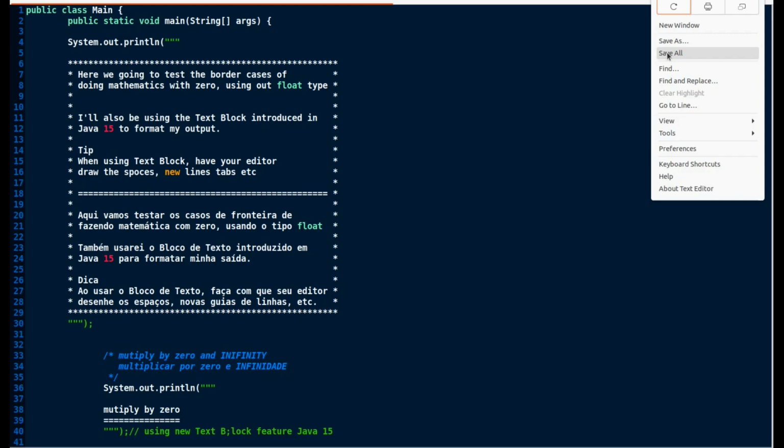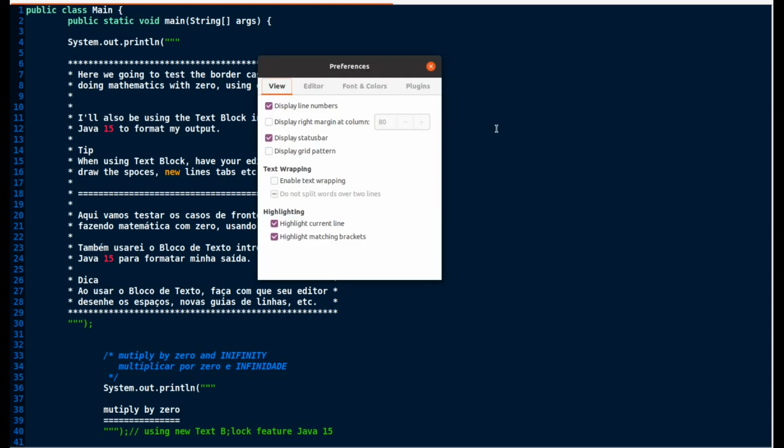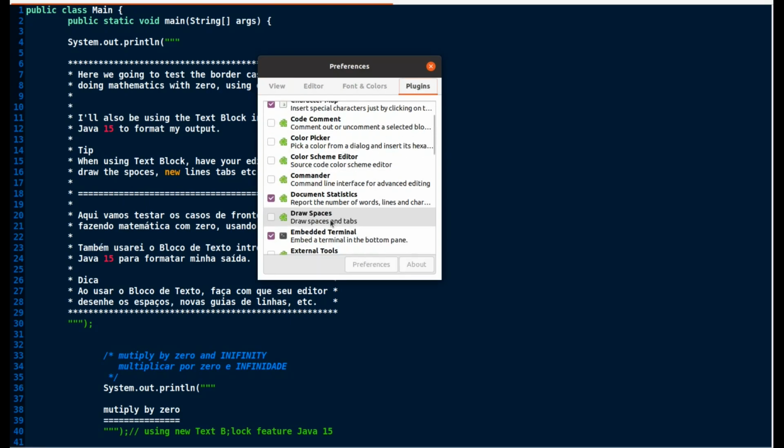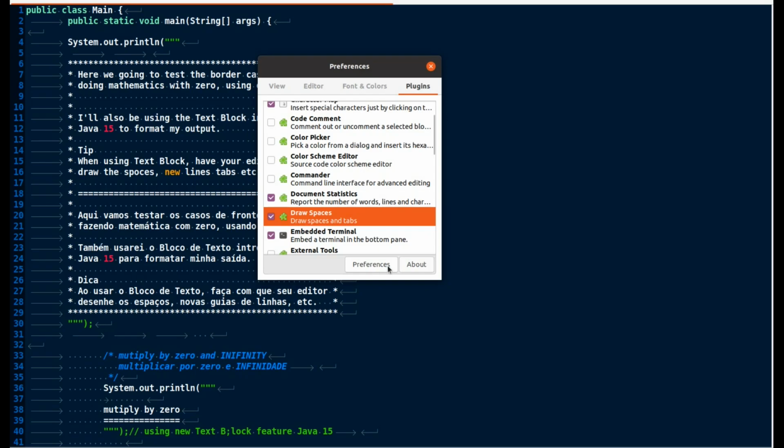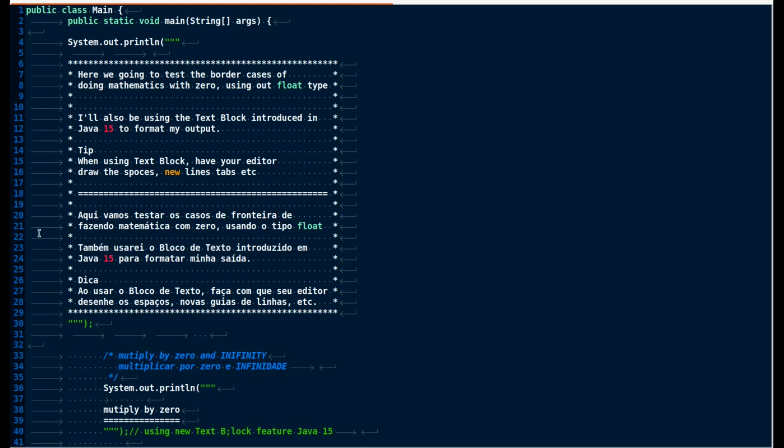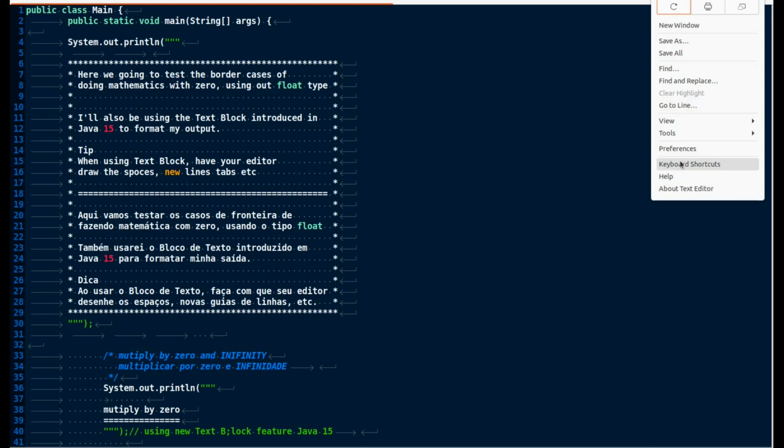In my gedit, I'm going to activate it to show you what it looks like, and you see it's now showing me all my tabs and my spaces as I format it, so that you can use the text block and it's easier to see what's happening, because sometimes you can't see the spaces, tabs and so on. Okay, I'm just going to take it out again so it's not so busy.